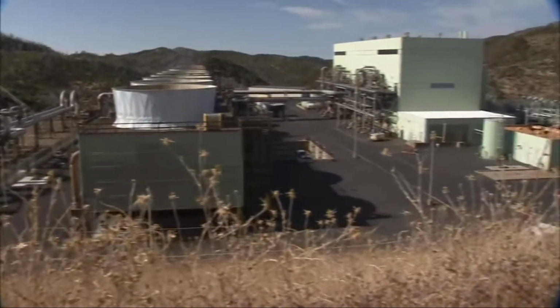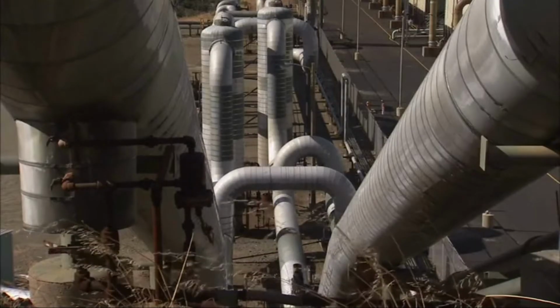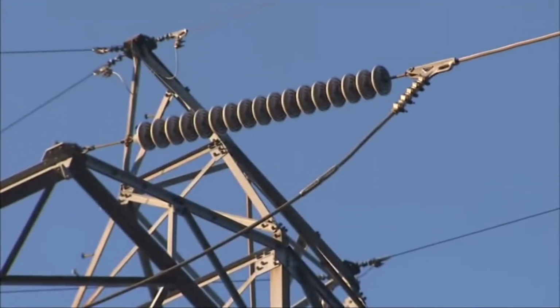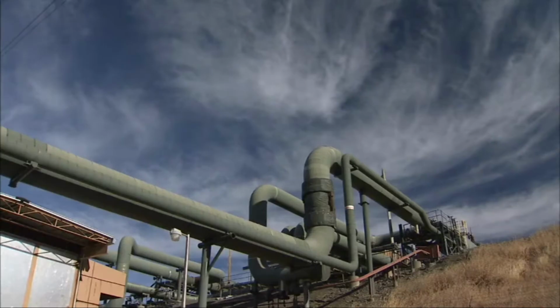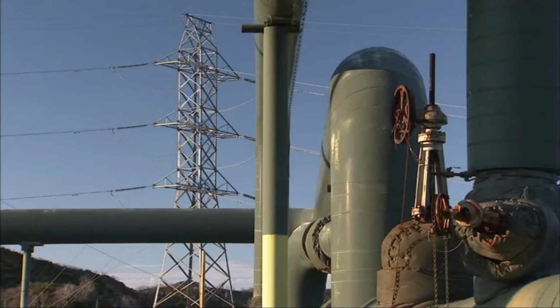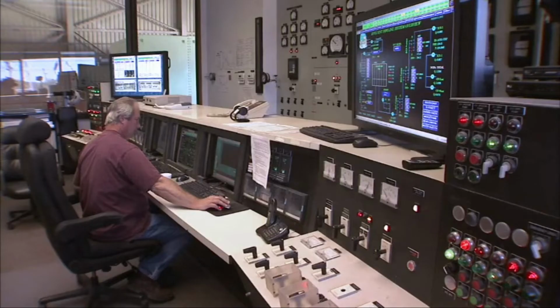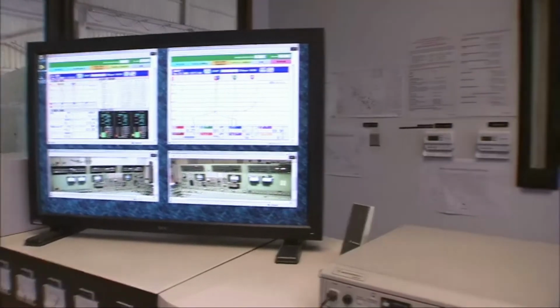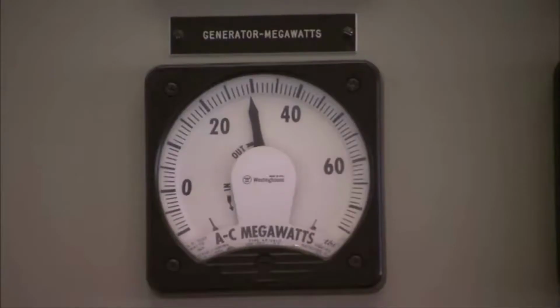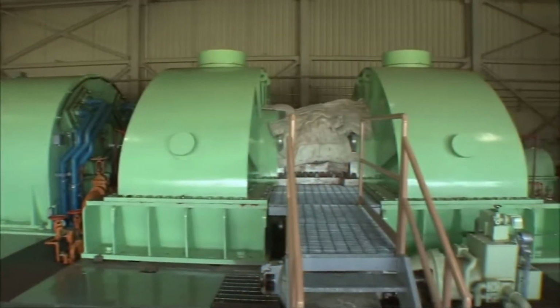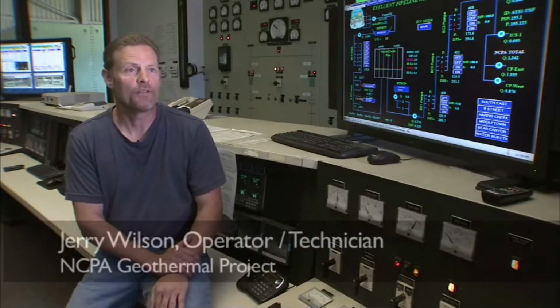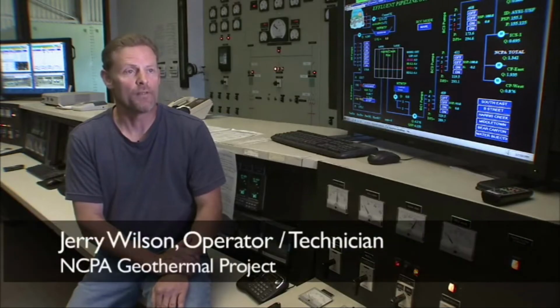This facility, north of San Francisco, owned by the Northern California Power Agency, an association of nonprofit utility companies, developed cost-effective green technologies way back in the 80s. They produce electricity 24/7 without the use of oil, coal, or uranium. We have a capability of about 120 megawatts, which is enough to power about 120,000 homes.